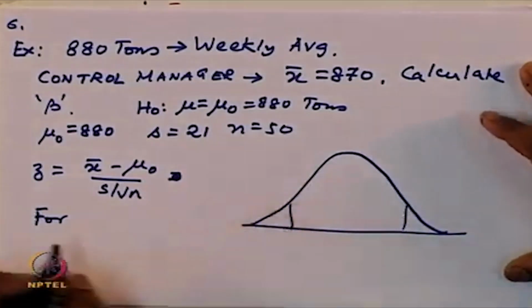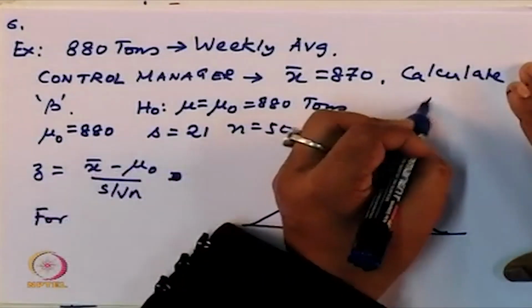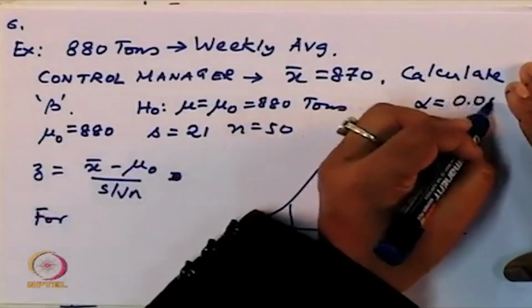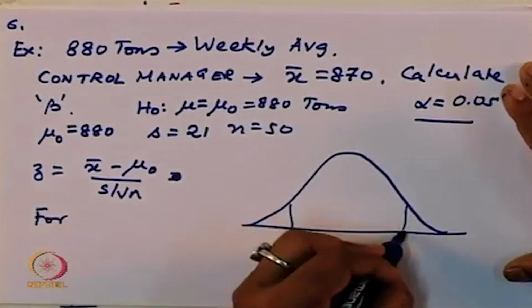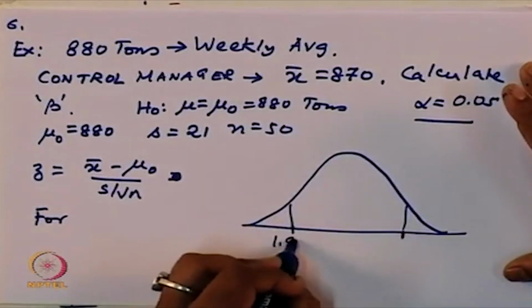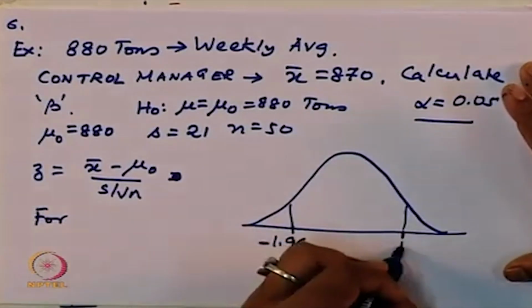So, what is your H naught for alpha equal to 0.05? For your two tail test, this value is 1.96.